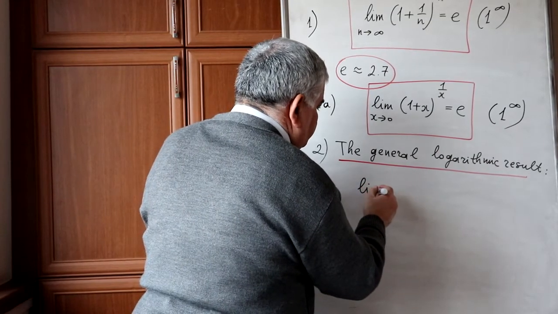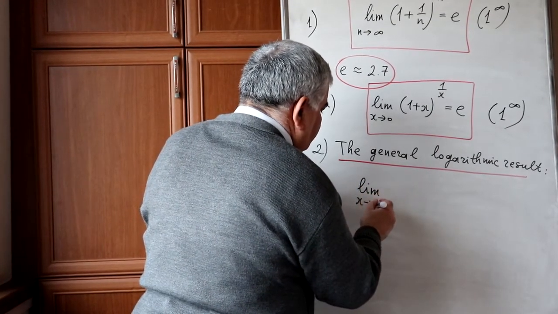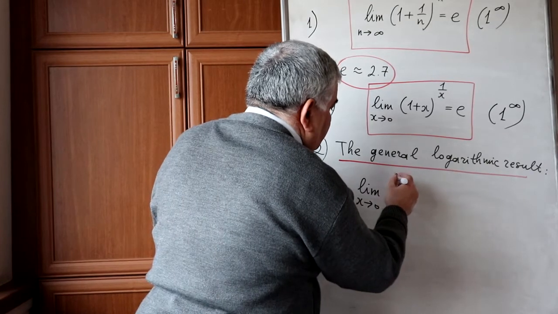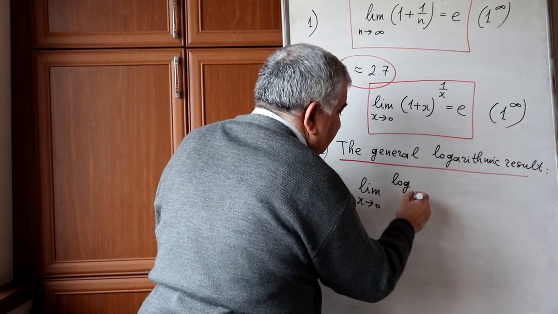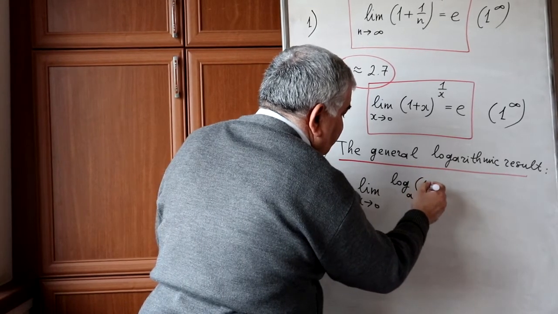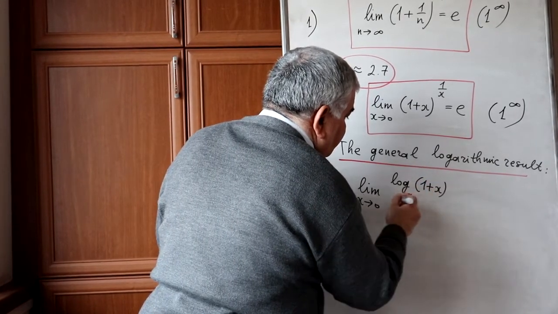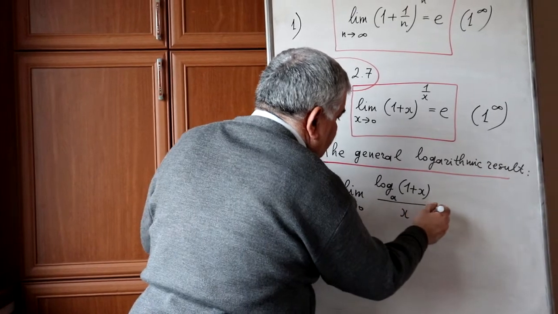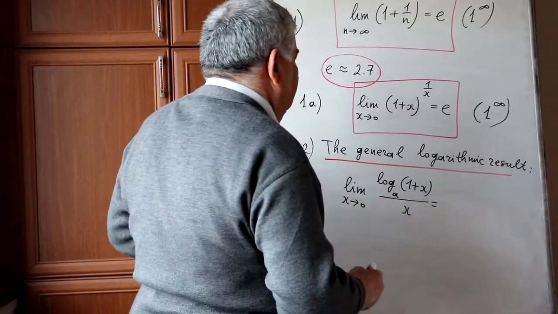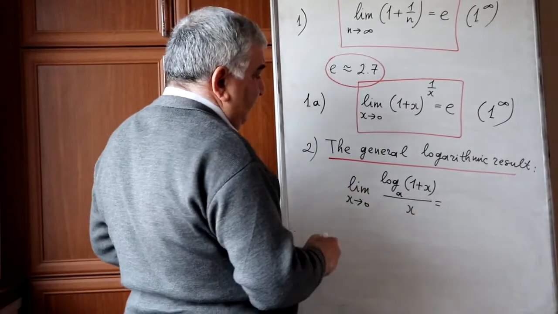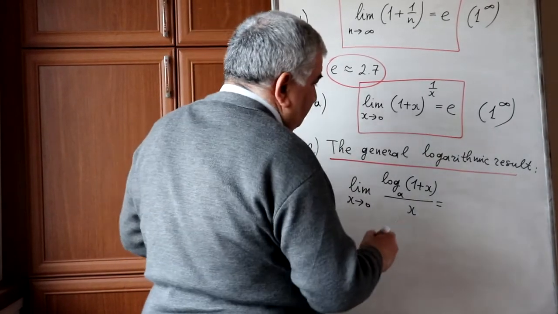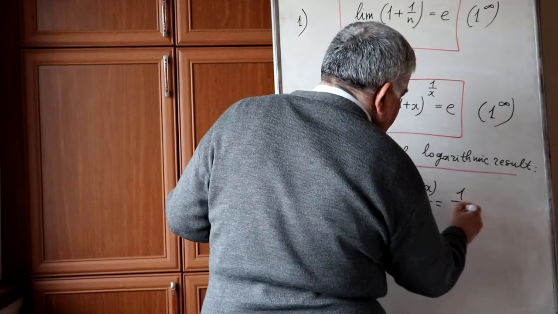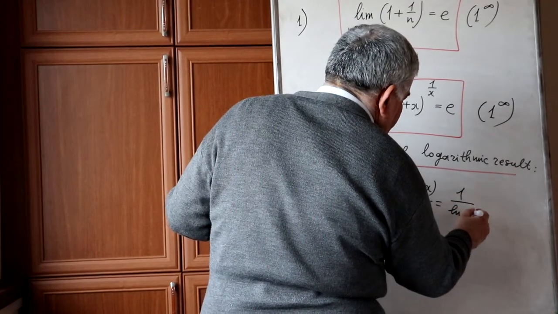Limit when x tends to 0 of logarithm on base a of 1 plus x over x. And it is 1 over natural logarithm of a.